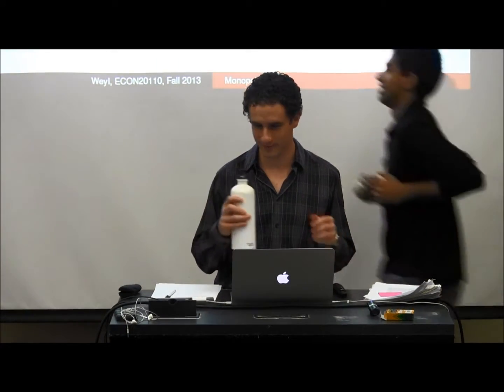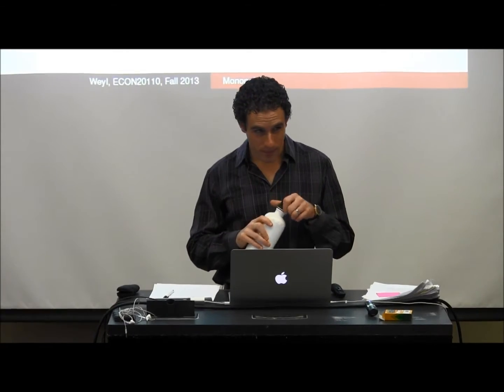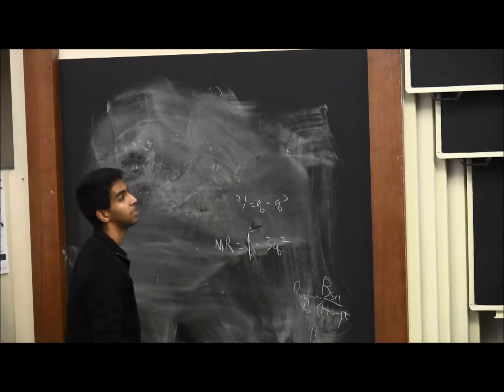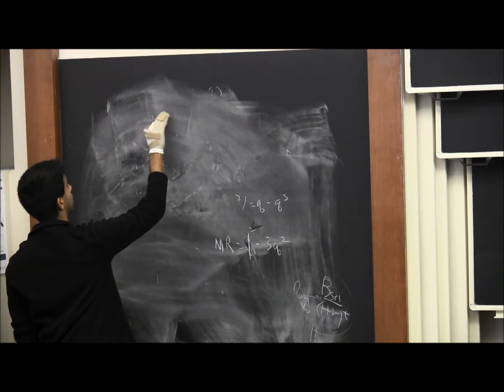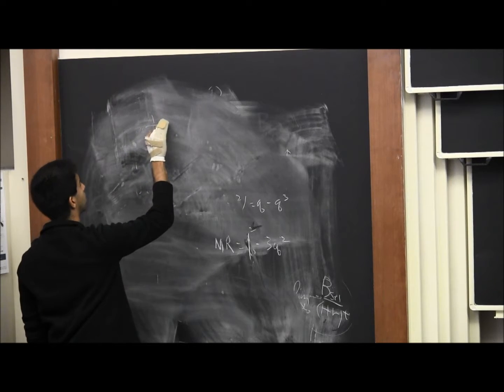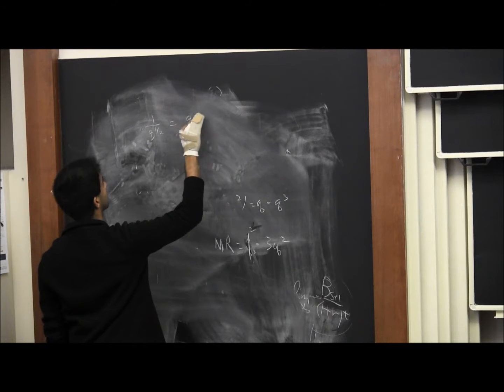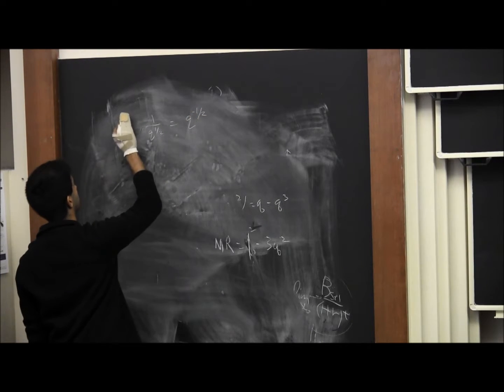All right. Cool. So I'm just going to erase what I did. So we have 1 over Q to the 1/2, right? Which is Q to the negative 1/2.